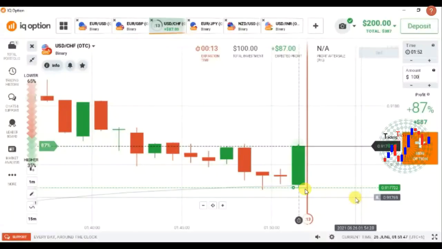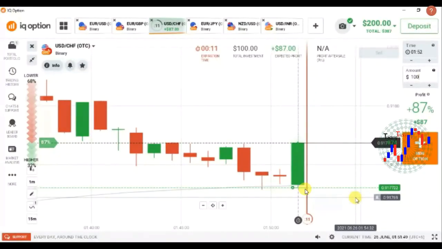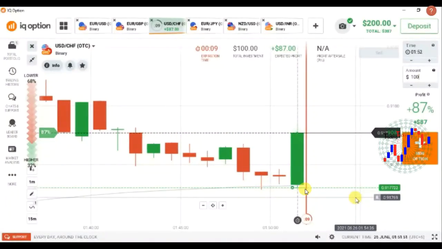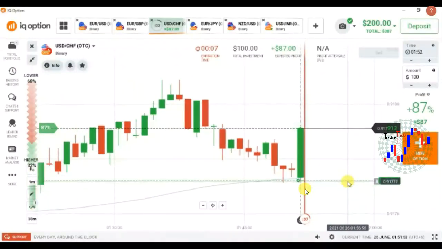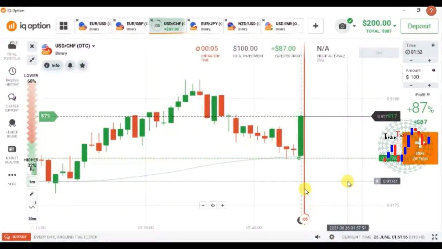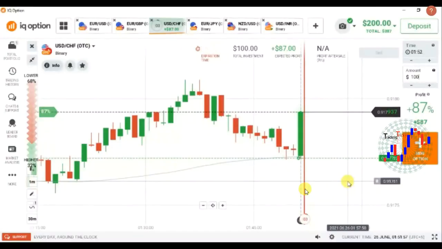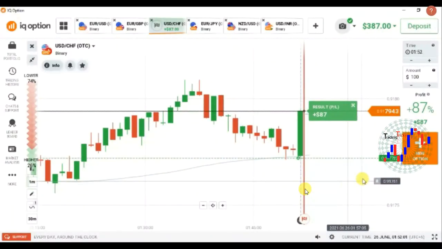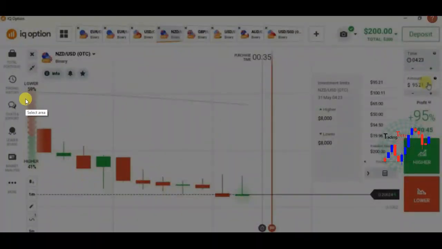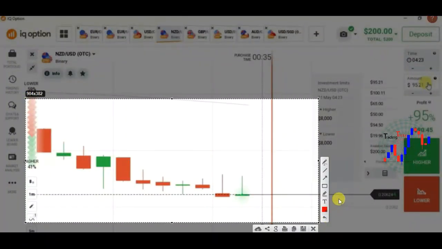So I have placed a higher option here. As you can see, very strong candle. Okay, so it's a winning trade. Okay, if you check this chart, we have a level here which has been broken.